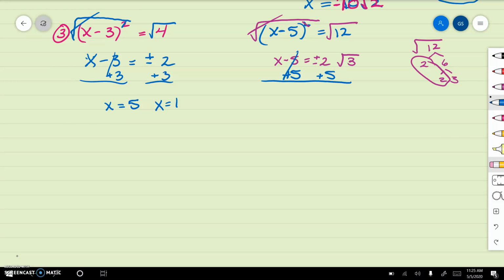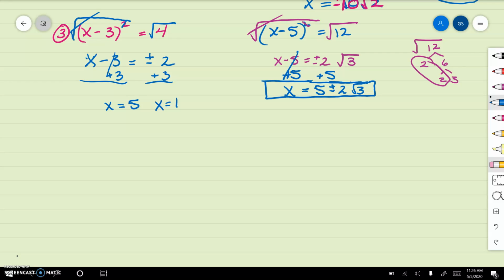Okay, so that negative 5 plus 5 cancels out. Bring down the x equals, well, this is 5. I'm going to try to put the 5 in front. And then it's 5 plus or minus 2 rad 3. Okay? And that's how you do that one.